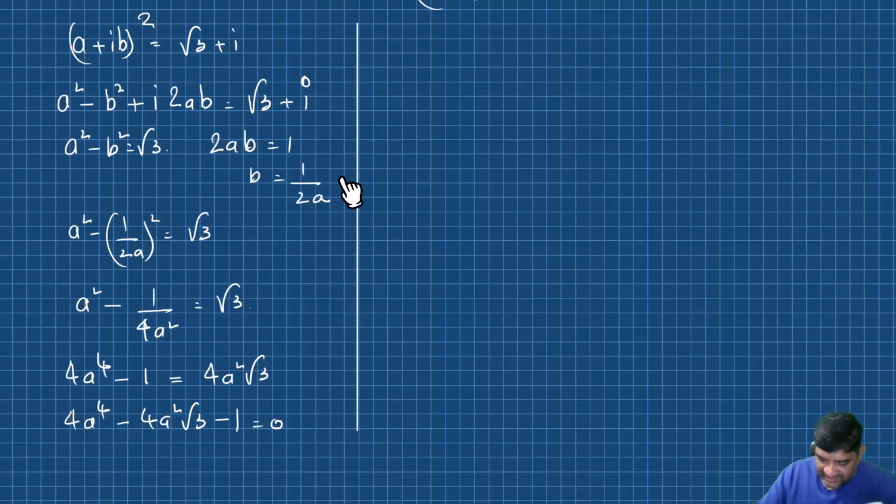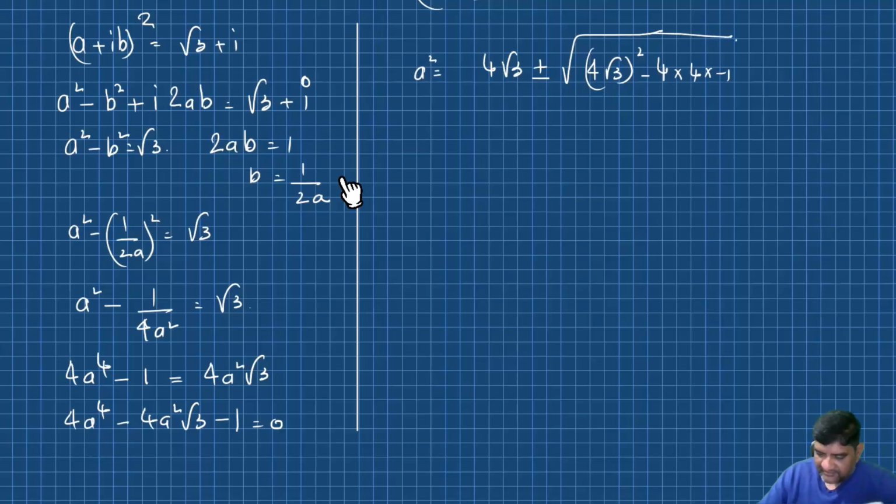So I'm going to use that and say a square is equal to minus b, which is 4 root 3, plus or minus root of b square, which is going to be 4 root 3 the whole square, minus 4ac, 4 into a into c, and that's divided by 2 into 4. So a square can now be written as 4 root 3 plus or minus root of 16 3s are 48.